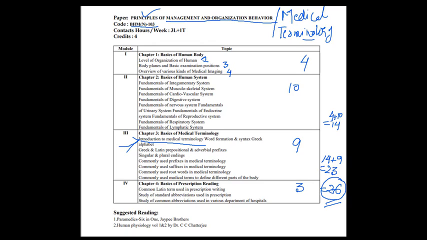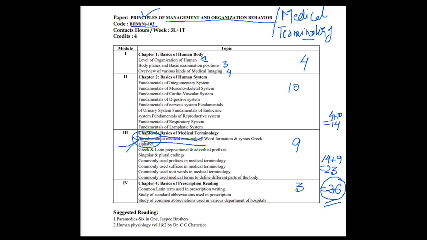So in that way, we must say that this particular chapter holds a special significance, because this one chapter cannot be covered in full unless and until you touch the other modules or the other chapters, right? So the method of going forward is to start from the introduction part.